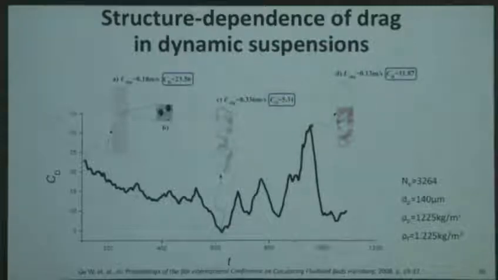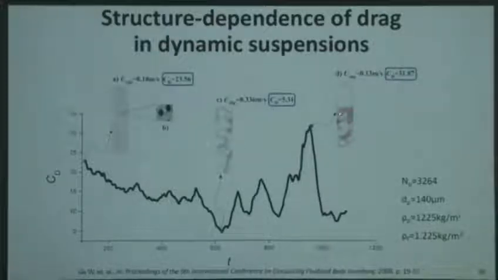If you have a dynamic simulation and you get different particle configurations in the process, then a configuration with the particle cluster almost parallel to the fluid flow has a very low drag coefficient, or you can have a very high slip velocity.